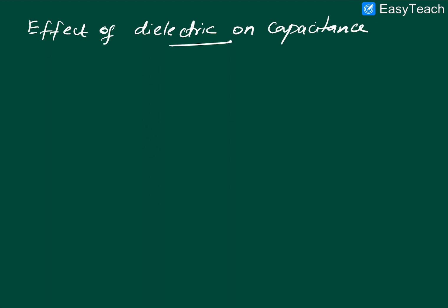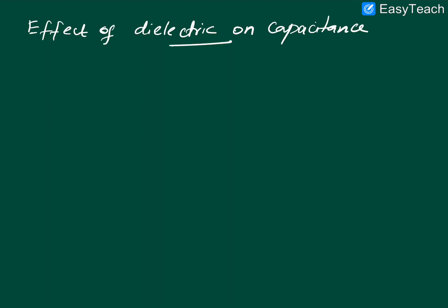One factor is shape of the plate, and in the last lecture I explained how shape determines capacitance. In this lecture, another parameter on which capacitance depends is dielectric, which we discussed in the previous one. So in this one I am going to discuss the effect of dielectric on capacitance.